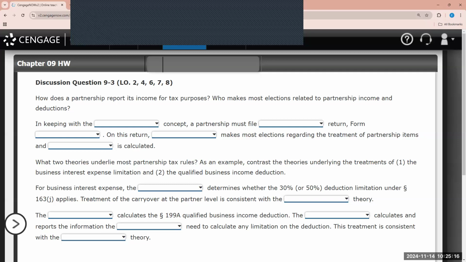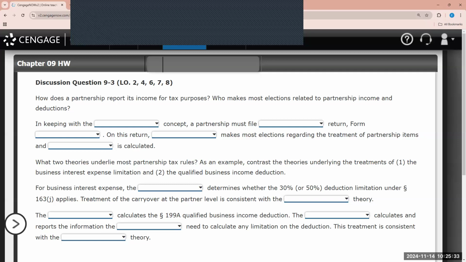So a partnership is not a tax-paying entity. However, partnerships are required to file an informational return, and this is reported on Form 1065. So the partnership reports its income and expenses on Form 1065.